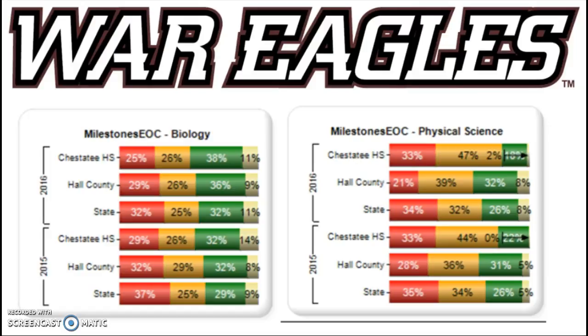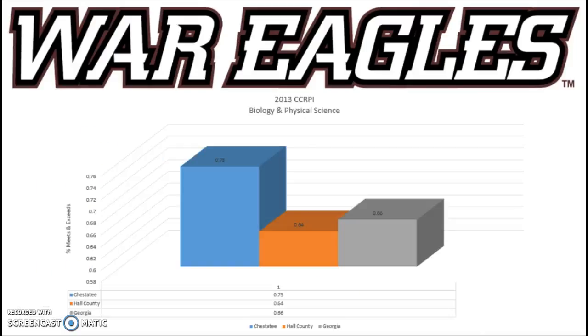In physical science, though, 33% of our students are beginner level, which is very high. I know compared to the state, we're still a little below that, but you'd like to see that number go down. But what scares you is look at this data.